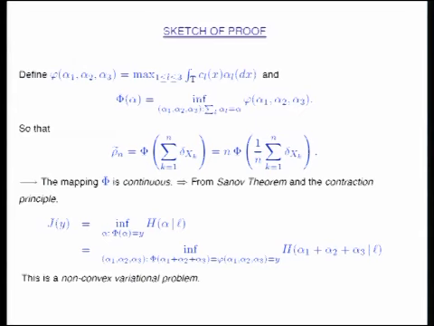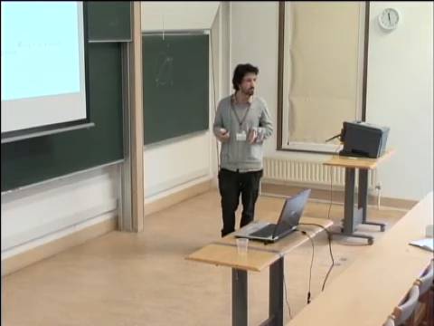So you can prove that this mapping is continuous for the topology of weak convergence, and then if you open a book on large deviations, you can apply Sanov's theorem and the contraction principle to get the rate function of your problem.